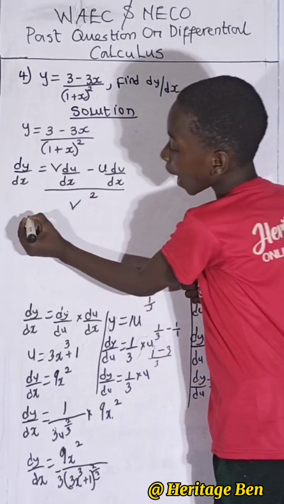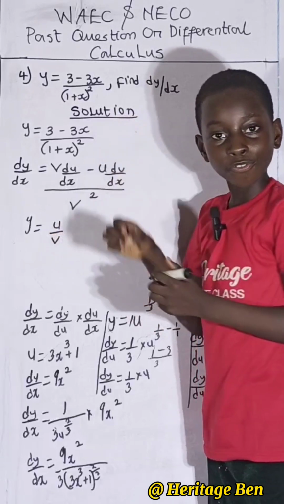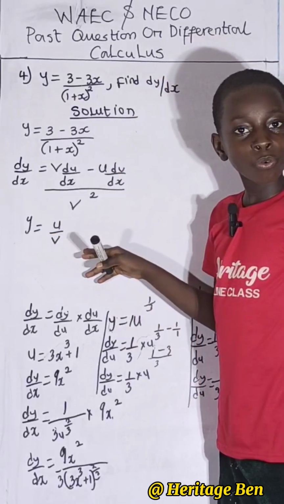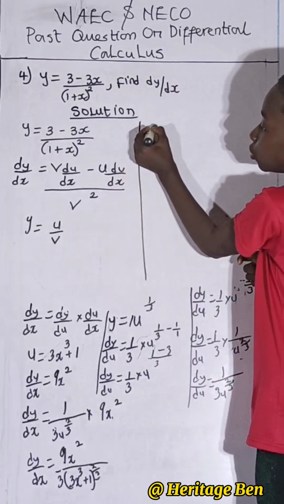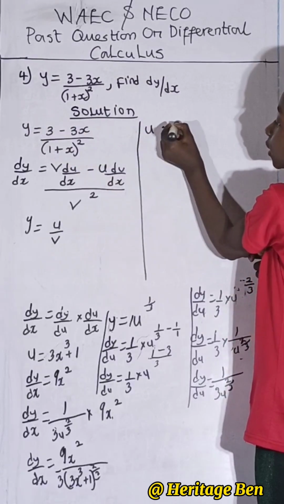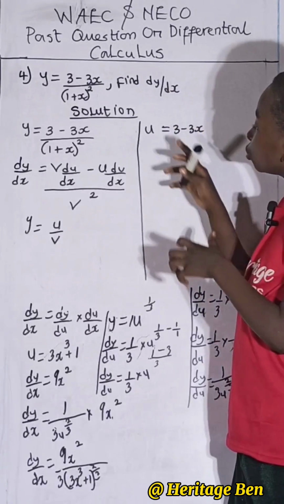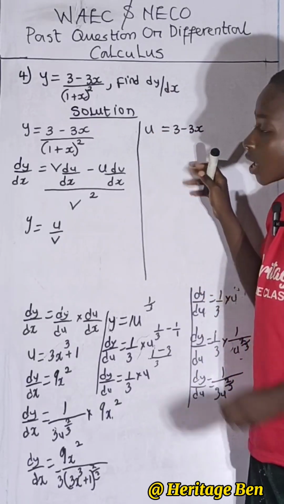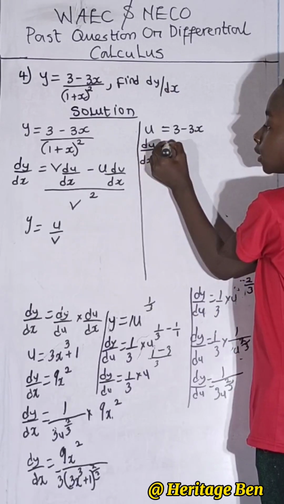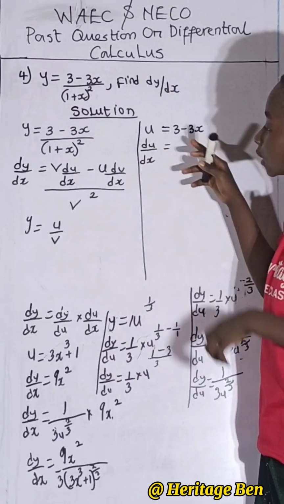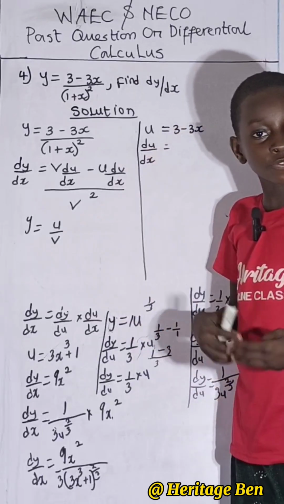Now we know that y is equal to u over v. So that means u is equal to 3 minus 3x. Now let's differentiate u with respect to x. So du/dx is equal to: if we differentiate a constant, it gives us 0. 3 is a constant, so we differentiate 3 to give us 0.